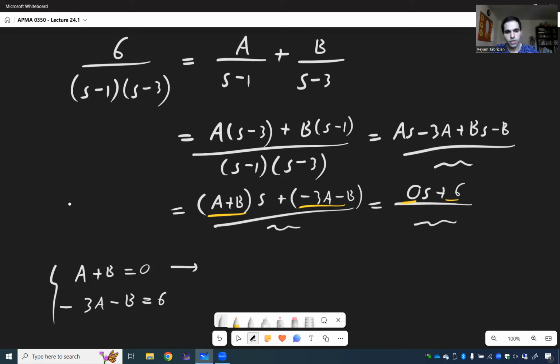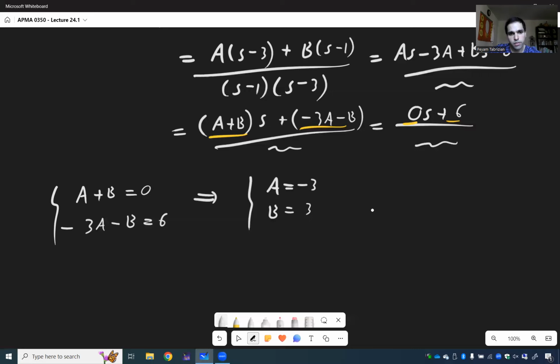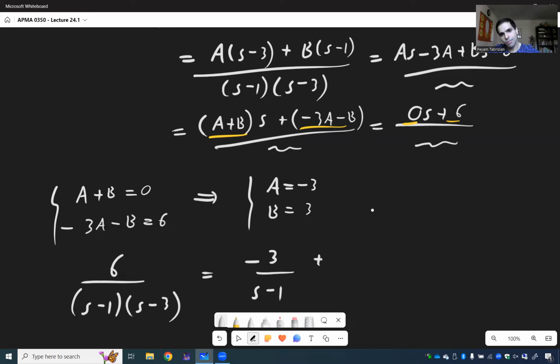And then you can solve this using B equals minus A, and you eventually end up getting A is minus 3, and then B is 3. And so really what this tells you is 6 over s minus 1 times s minus 3 is minus 3 over s minus 1 plus 3 over s minus 3.